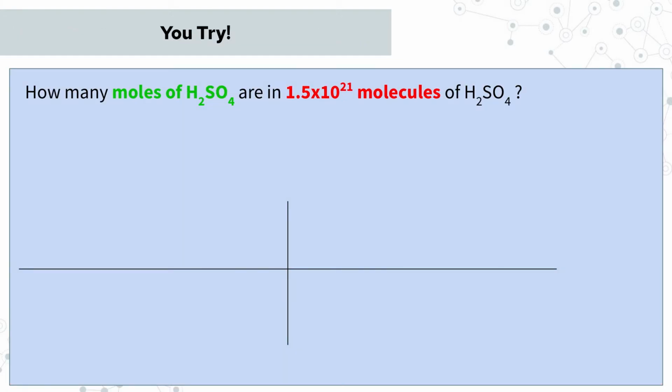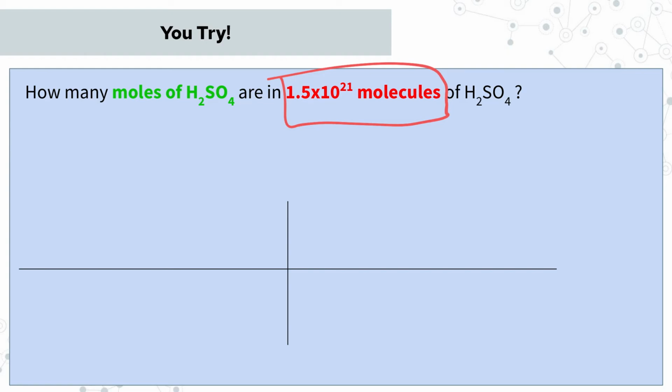You try. How many moles of H2SO4 are in 1.5 times 10 to the 21st molecules of H2SO4? So in this question, 1.5 times 10 to the 21st molecules is our given.